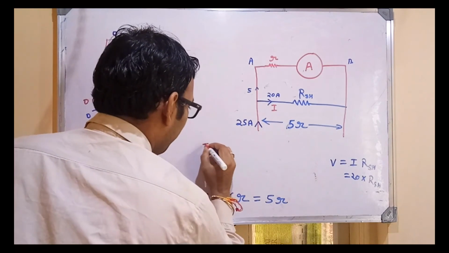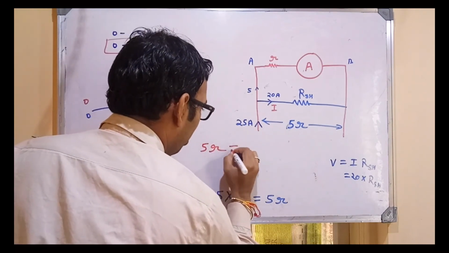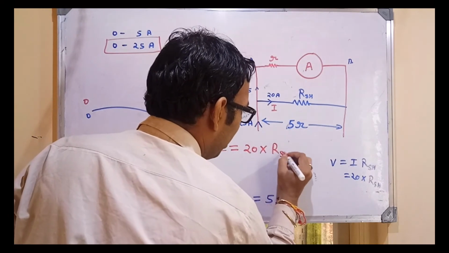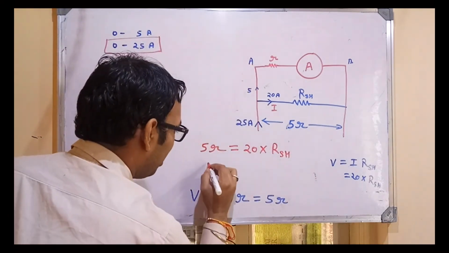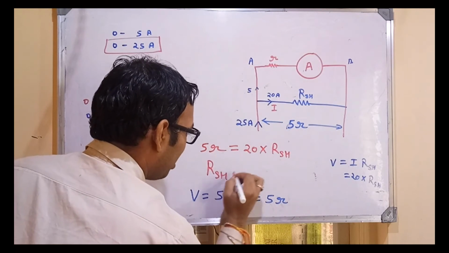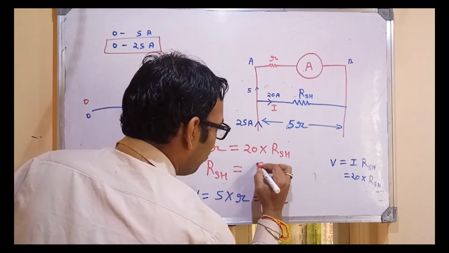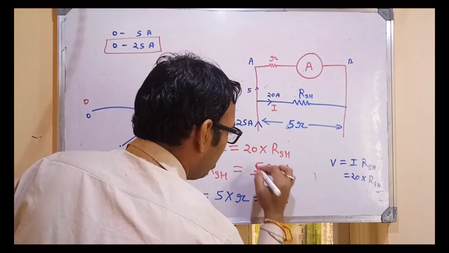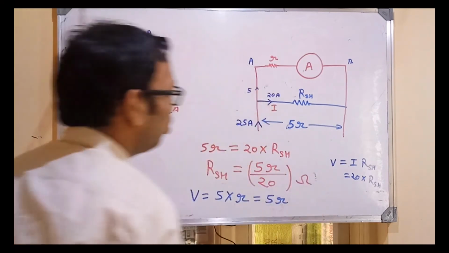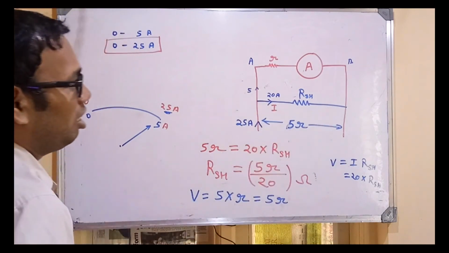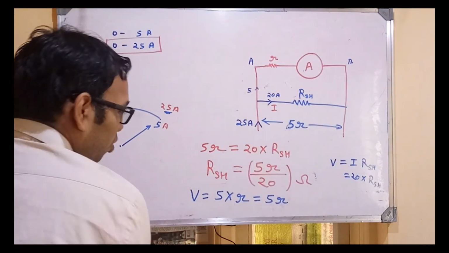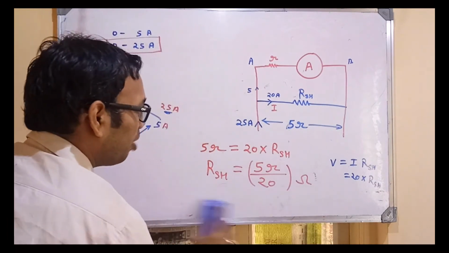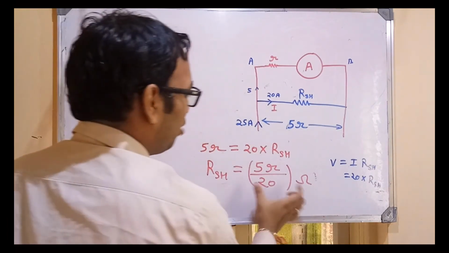V is 5r, which is equal to 20 into RSH. So what is the RSH? RSH is equal to 5r by 20. This much ohm we have to put across this ammeter. So we are able to find this resistance from this equation.